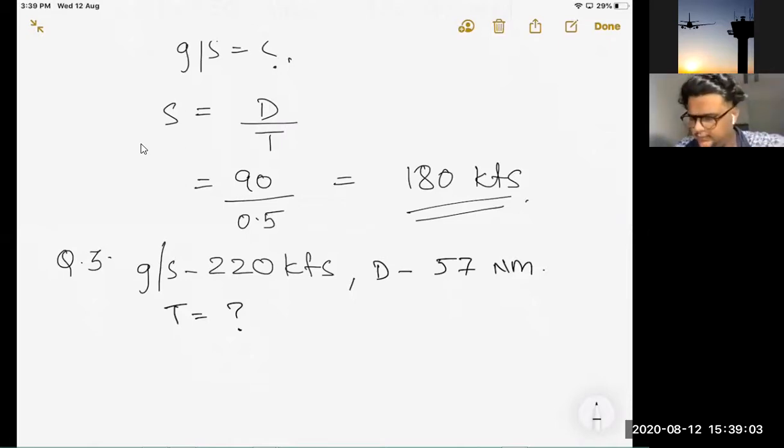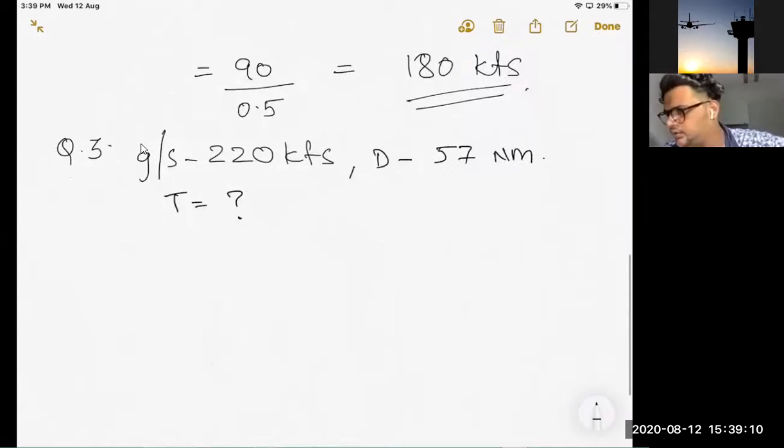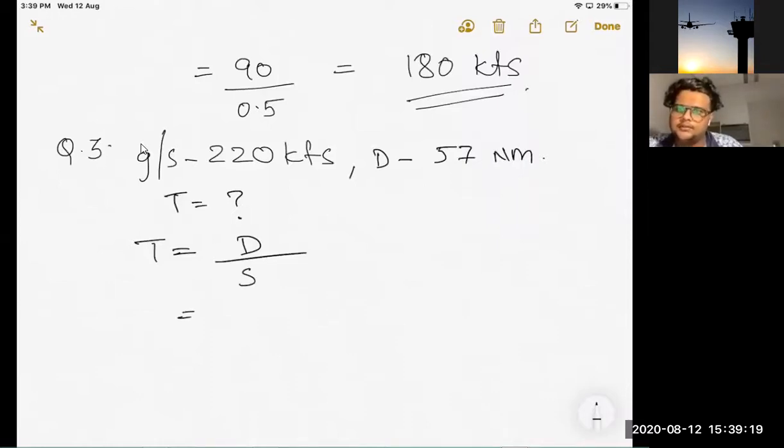So time is equal to distance upon ground speed, 57 upon 220, right? No, 15.55 minutes is my answer because I have converted time into minutes like earlier.